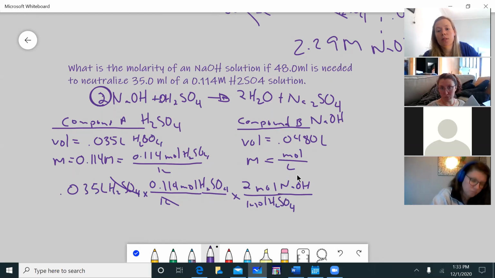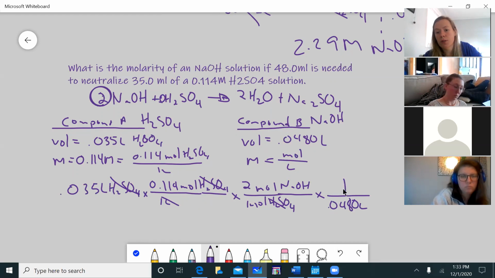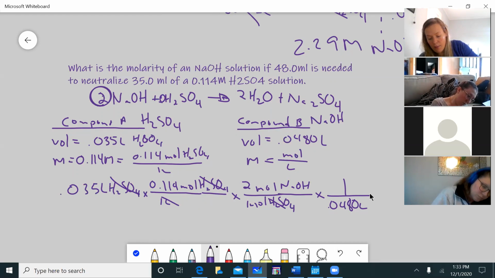And again, if you want, you can stop here and plug it in right there, or chain the volume into it. So I'm just going to stick the volume on the bottom, 0.0480 liters. Just put an inferred 1 up on the top to occupy the space, and we'll end up with moles per liter.